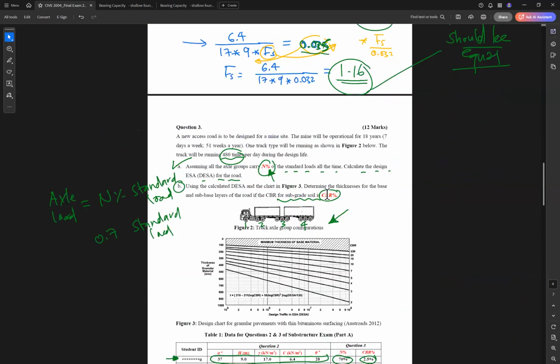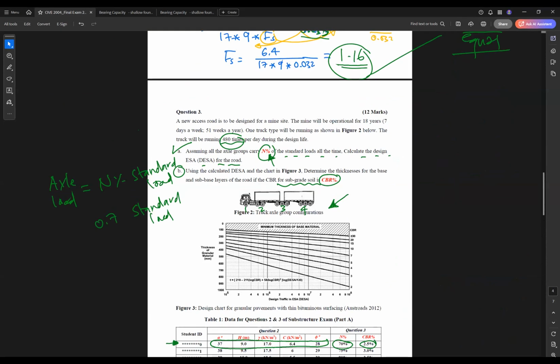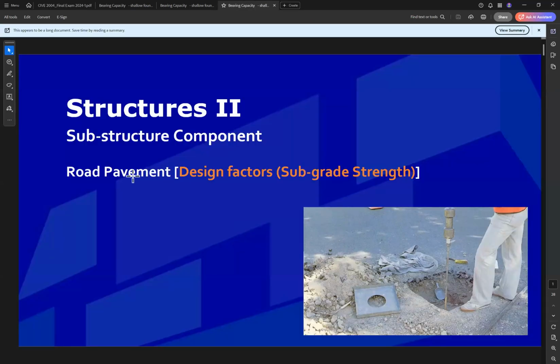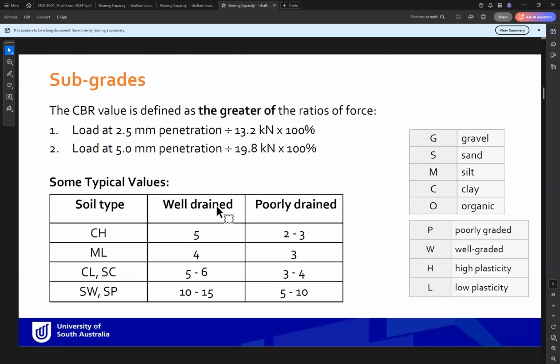This example is given in week 11 as well, road pavement part 3. If you look at this example, this is considering the design factors for subgrade strengths. So we'll find a complete explanation about that and also examples.